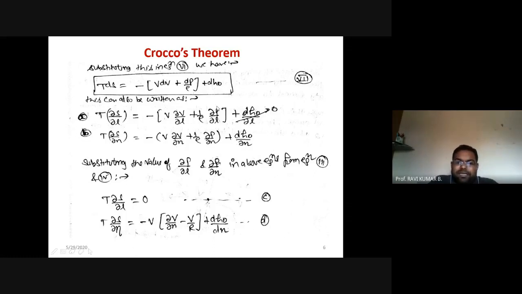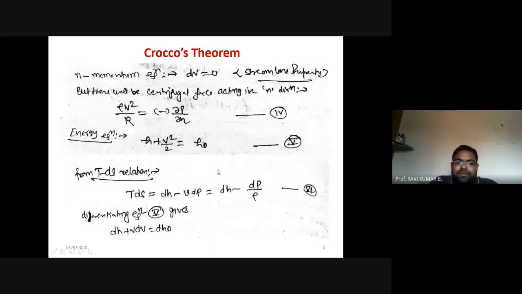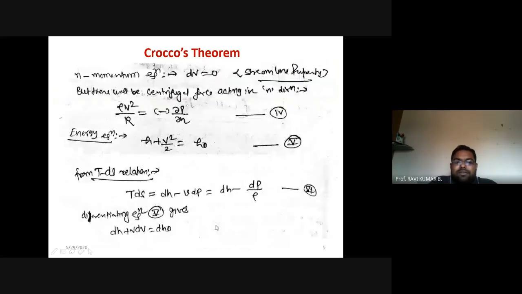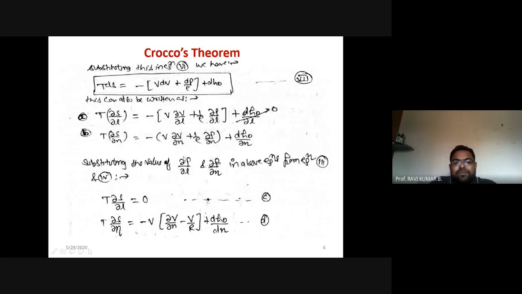Now I already know the value of ∂P/∂L, that is equation number 3, and ∂P/∂n also I know, this is rho V squared by r. By substituting ∂P/∂L and ∂P/∂n in these two equations, I can get 2 more equations, which is T ∂S/∂L is equal to 0.